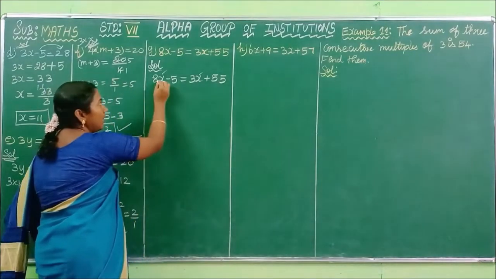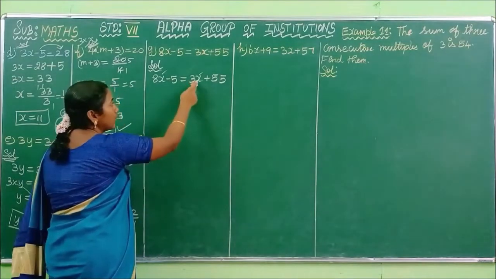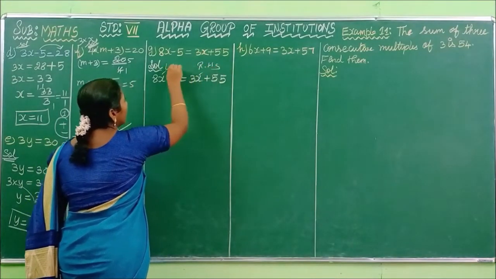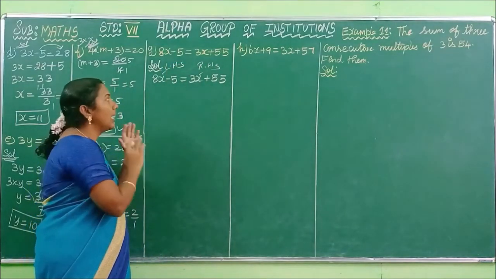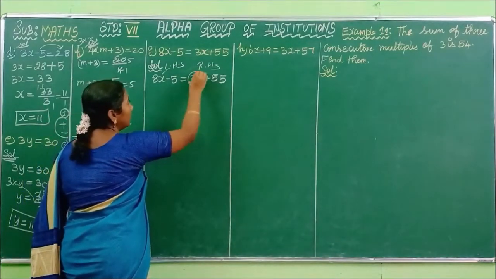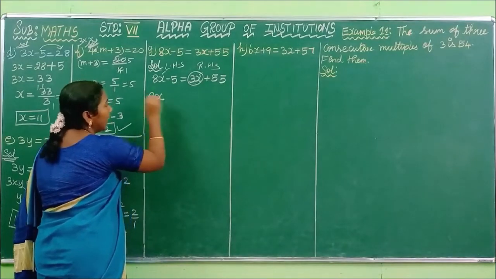Now we are going to do that only. See here, here we have 8x, here we have 3x. Now we are bringing this 3x to this side. This is RHS and this is LHS. Now we are going to collect the variables along LHS and numbers along RHS. First step, I am going to bring this 3x to this side. How am I bringing? Listen carefully. 8x.